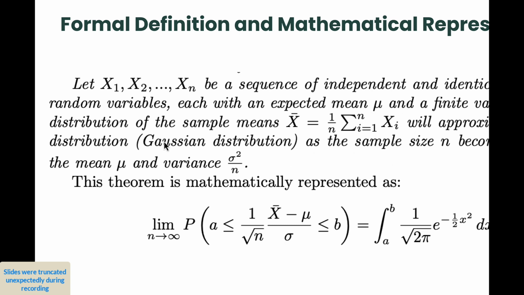Okay, and then it says that the distribution of the sample means, and this is the mean, okay, the distribution of these random averages will approximate a normal distribution, as the sample size n becomes larger, with the mean mu and the variance sigma square divided by n.